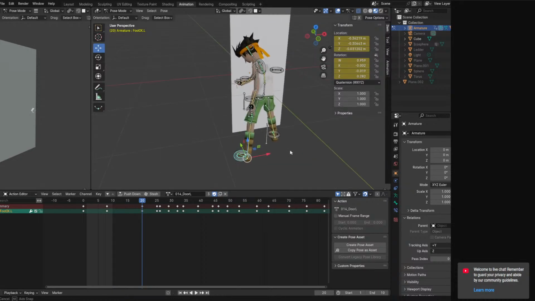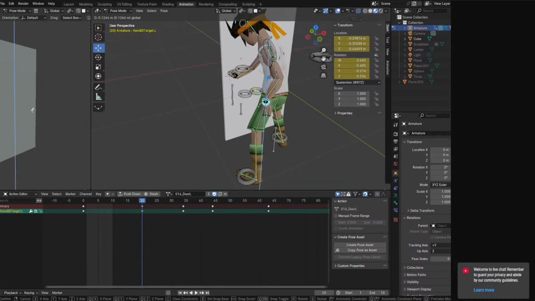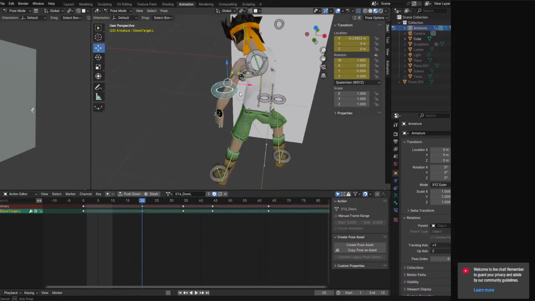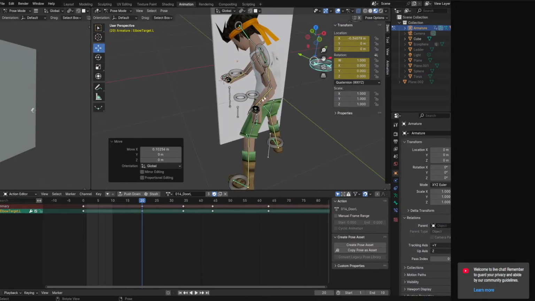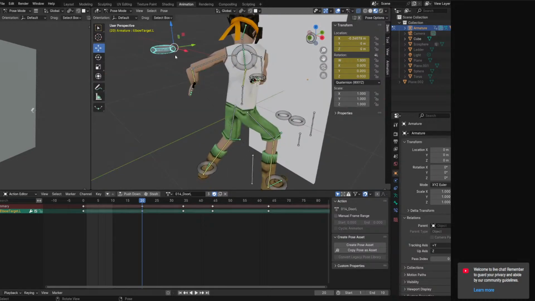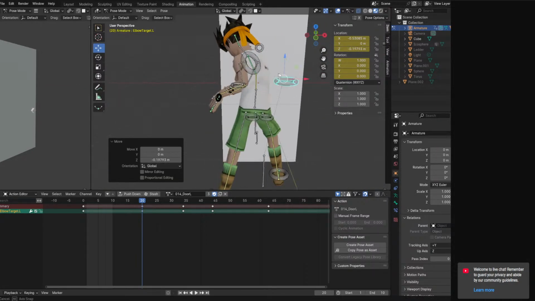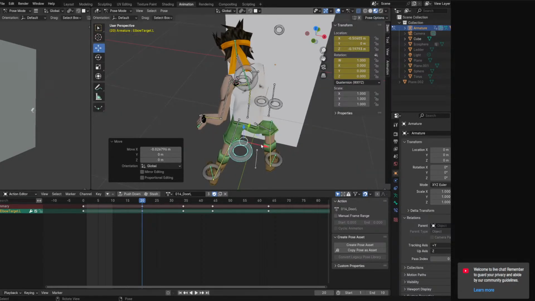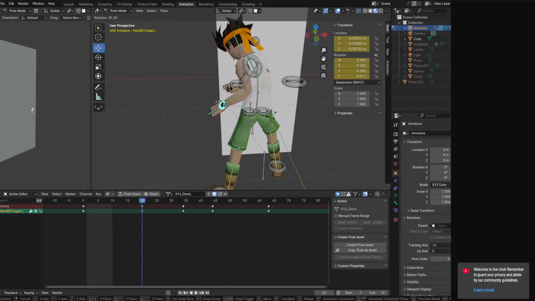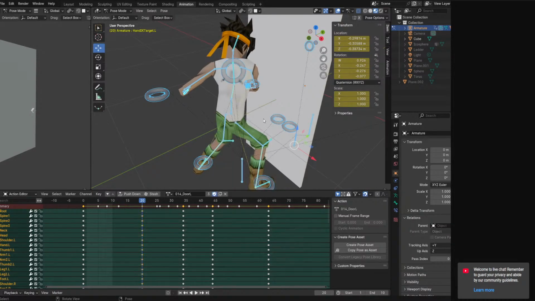I kind of like how dynamic this pose is. All right, let's insert the keyframe.